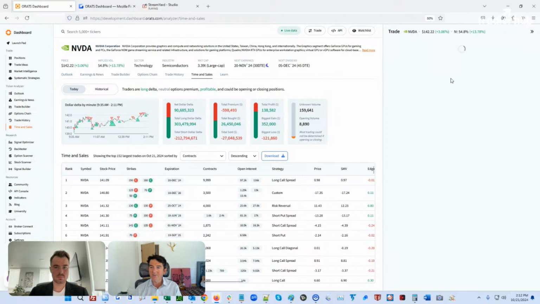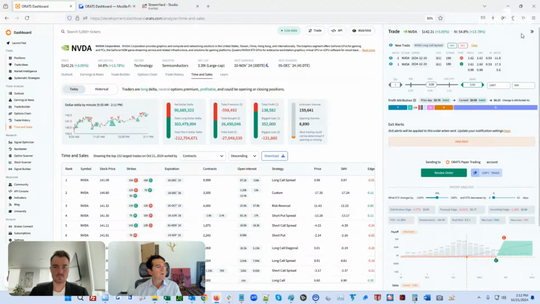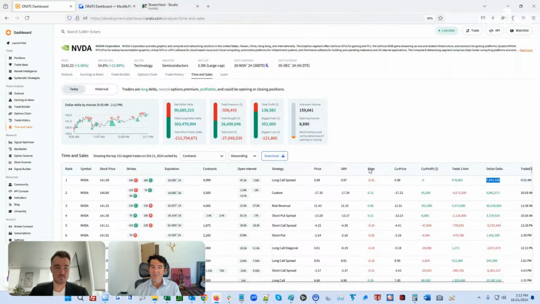Dollar delta just means the delta of the trade times the stock price. This is a long, way out of the money call spread that went up 10,000 times in December. That's a very, very bullish trade, and you can see it on the graph. The big green correlates to the big green in the dollar delta. There's another one probably here.